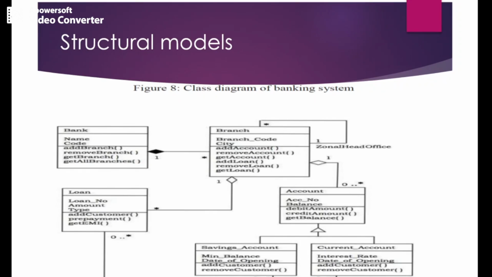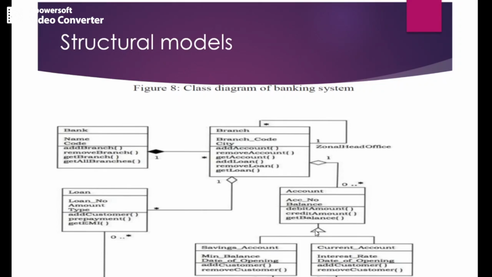Now let us come back to this diagram. You can see here the account class. And just look at this type of notation. This type of notation indicates it is inheritance or generalization. You can see that these two classes, savings account and current account, are inheriting from this account class.